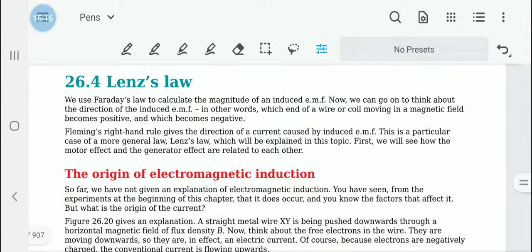Lenz's law is used to figure out the direction of the induced EMF.